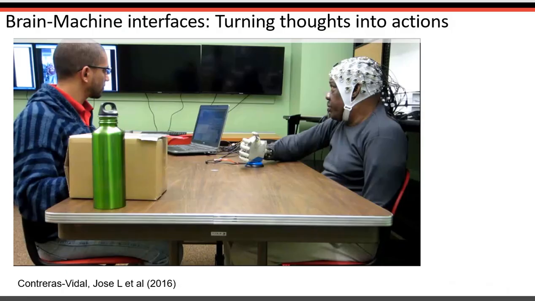In this example, we see a brain-machine interface that is based on a non-invasive approach. So, as you can see, a participant or this subject has electrode caps picking up brain signals in a non-invasive manner from outside the brain, from outside the scalp.